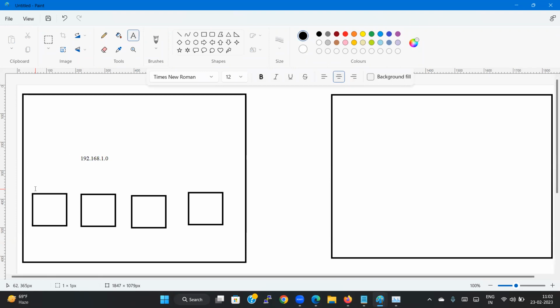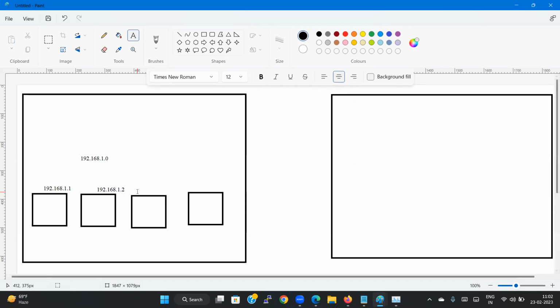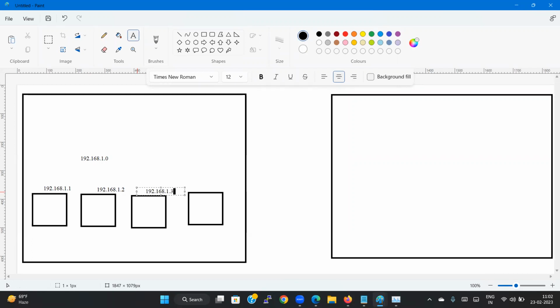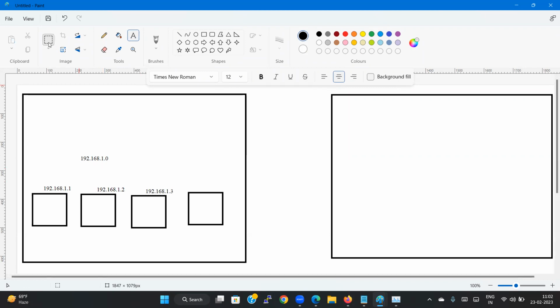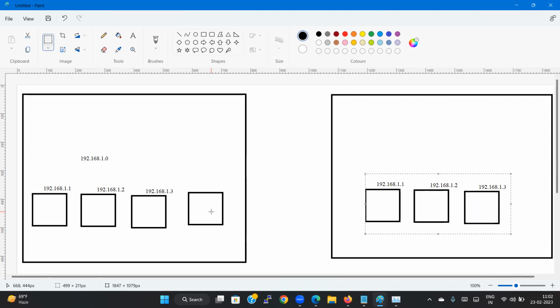As of now, this computer will have 192.168.1.1, the other computer can have 192.168.1.2, and the third computer will have 192.168.1.3, and so on. It will go on up to 255. Now, the opposite company can have the same internal IP addresses.